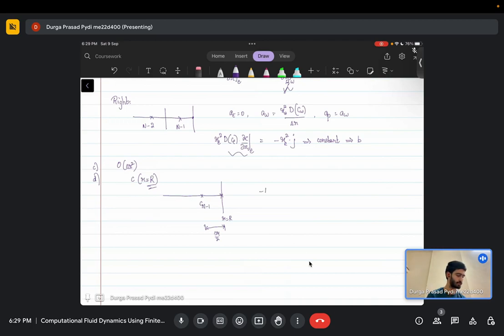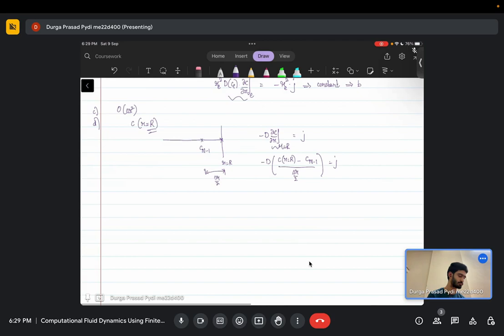Your boundary condition is d times del c del r at r equal to capital R equals J. So what we can do is write this del c del r as c evaluated at r equal to R minus c n minus 1, by delta r over 2, equals J. So from this you can get the value at r equals R, which can be written as c n minus 1 plus J delta r by 2D.